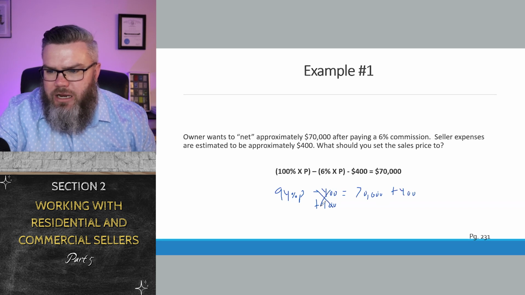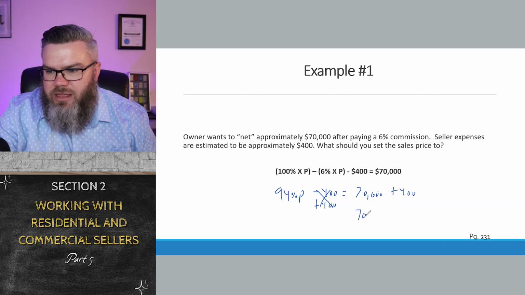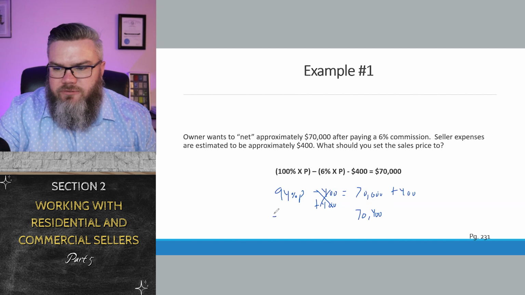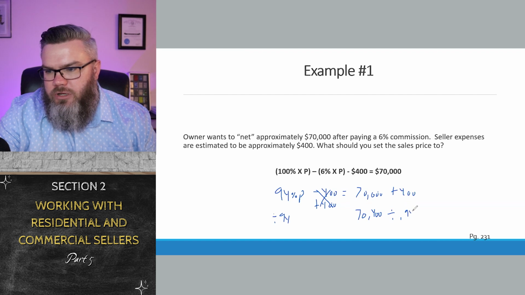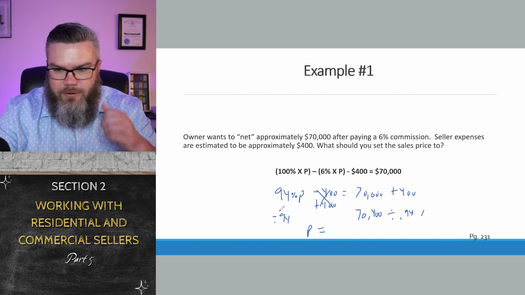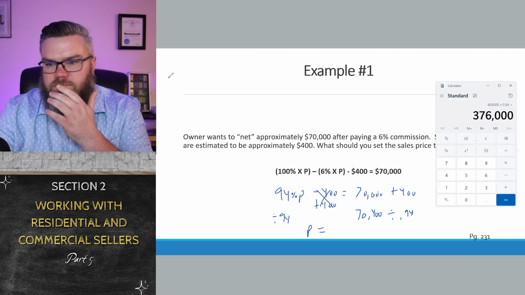So now it's negated here. So now 94% of P equals 70,400. And that's multiplication. So if you divide by 94% on this side, divide by 94% on this side, I'm going to go ahead and convert it into a decimal. That means P, the purchase price, equals 70,400 divided by 94%. So let me do the math on that.